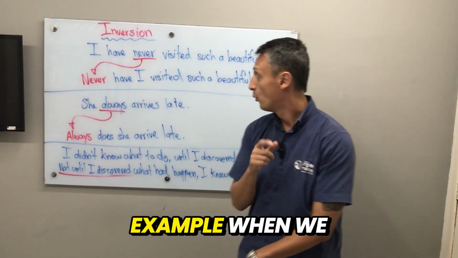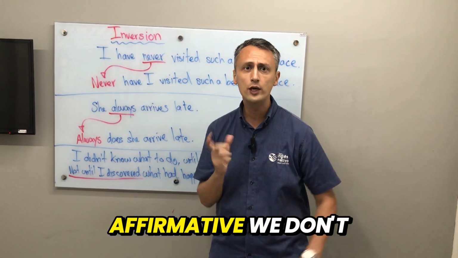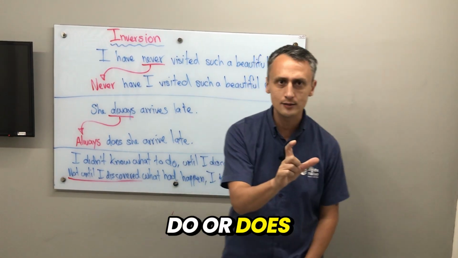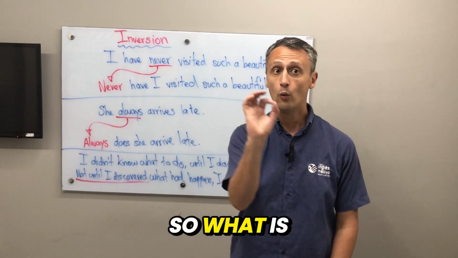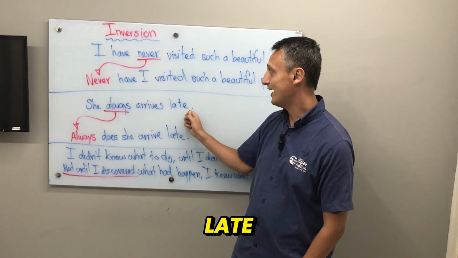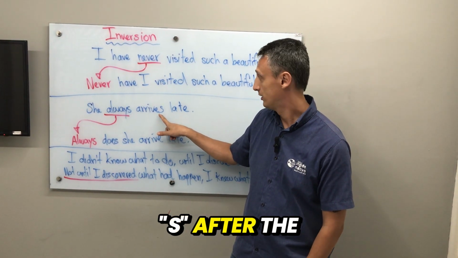Another example. When we have simple present or simple past, we know in affirmative we don't use the auxiliaries do or does in simple present or did in simple past. So, she always arrives late. We know in affirmative we use the s after the verb.